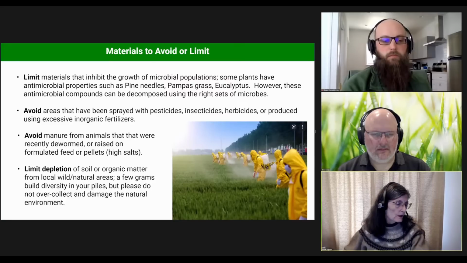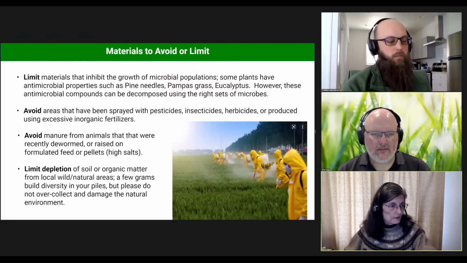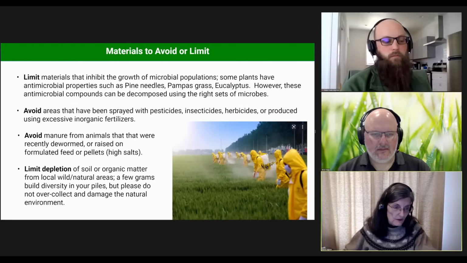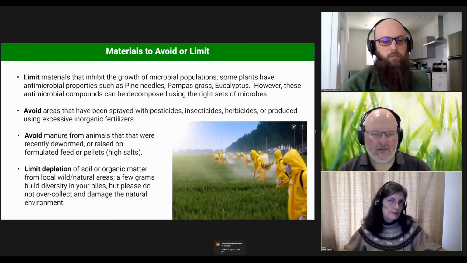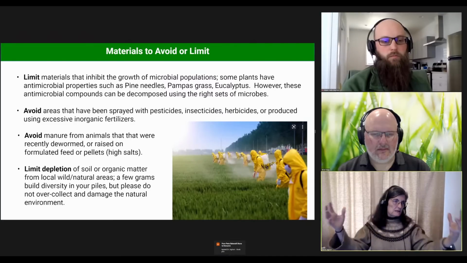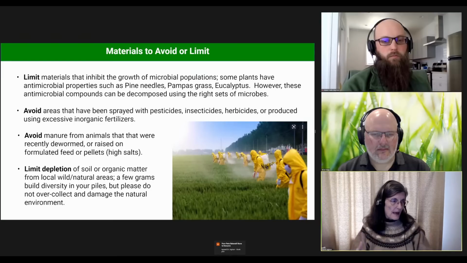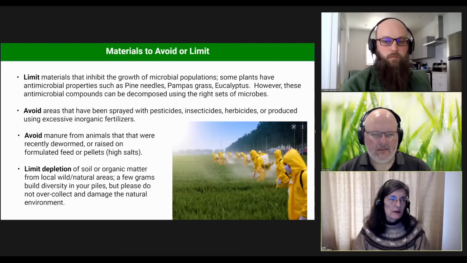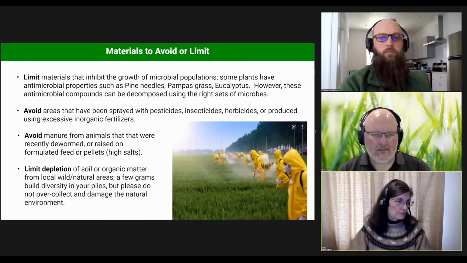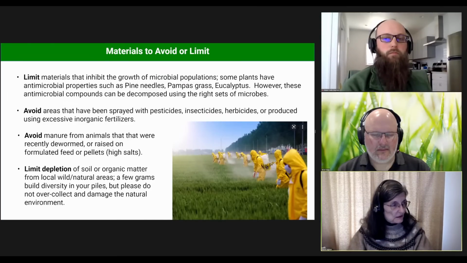We want to avoid manure from animals that were treated with toxic chemicals, dewormed, or fed formulated feed. If the feed is put into a bag, you know that they've got to add into that material something that will prevent decomposition of that feed or pellet.